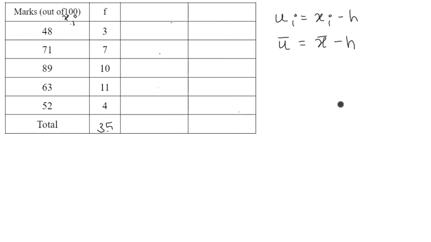You can take any value as h, but we prefer the middle value or value closest to the middle value for the simplification of calculation. Here we are going to take h is equal to 63, since 63 is approximately the middle observation. It is approximately the middle observation, not exactly the middle observation.